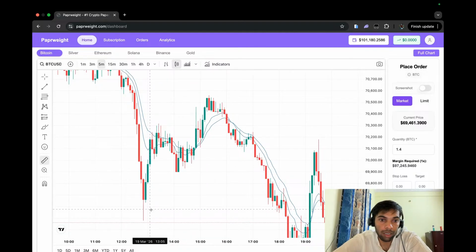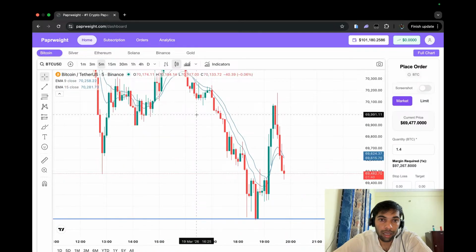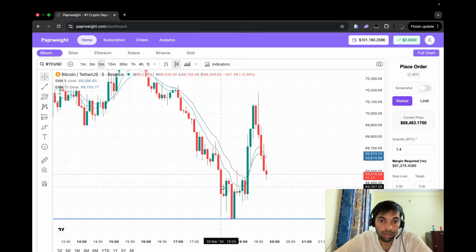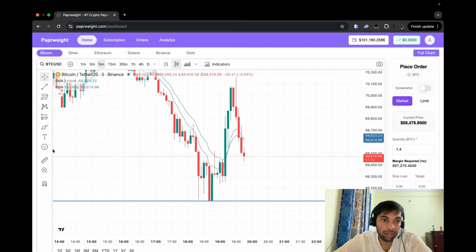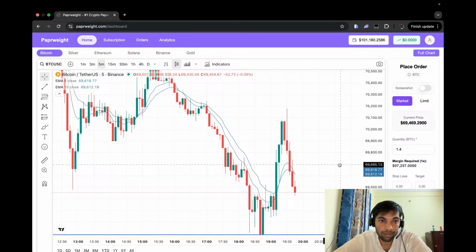This pullback can be considered a 1,000 point pullback, and then the market went in the downward direction, but the strength, you can see, is quite low, and after that it took a huge pullback again. So it's 1,000 points again, and then the market is moving in the downward direction.